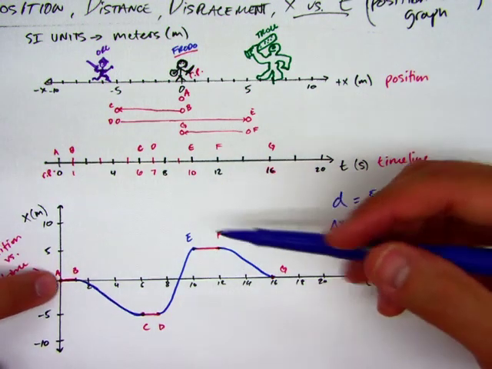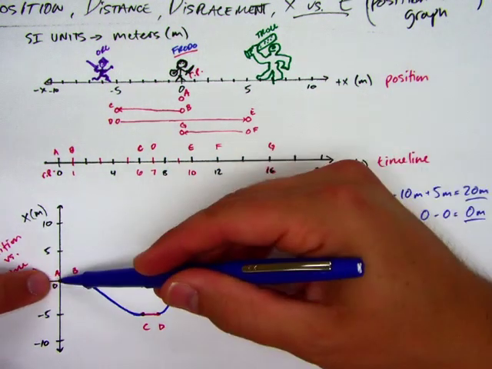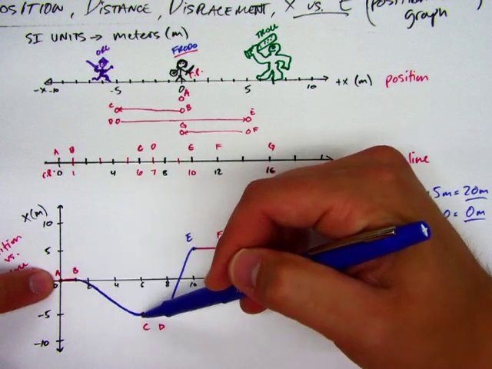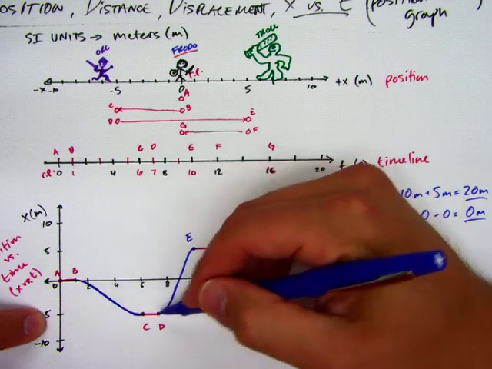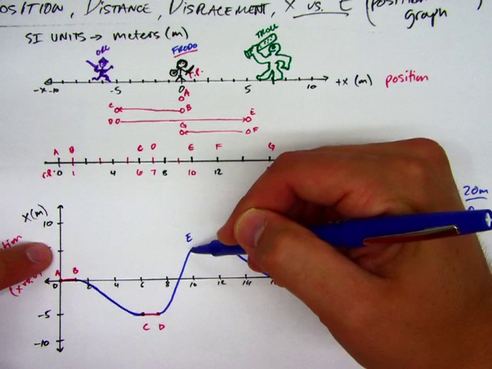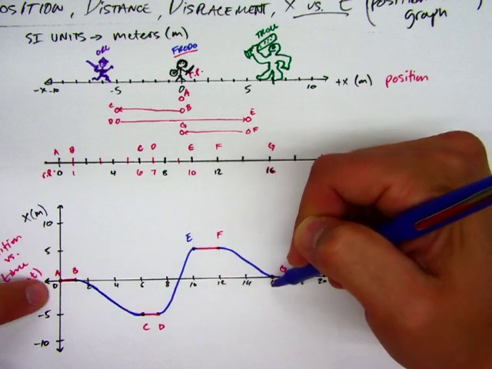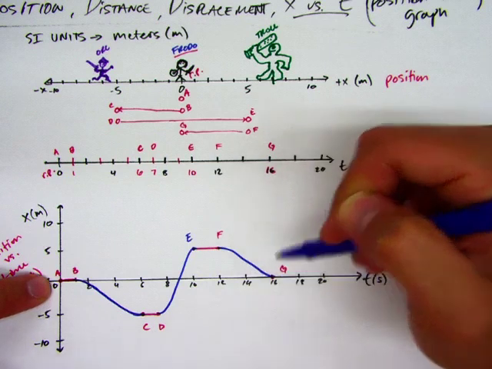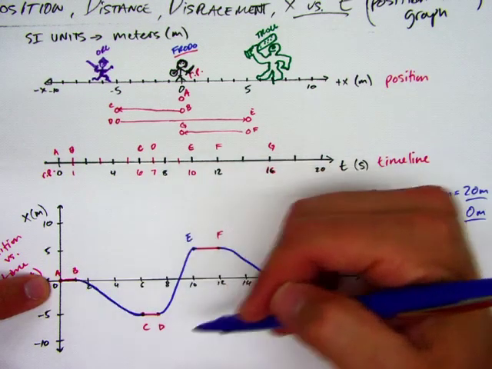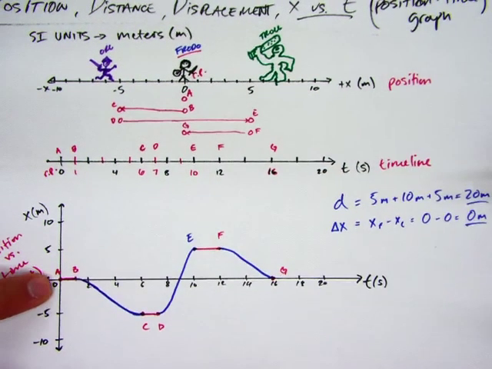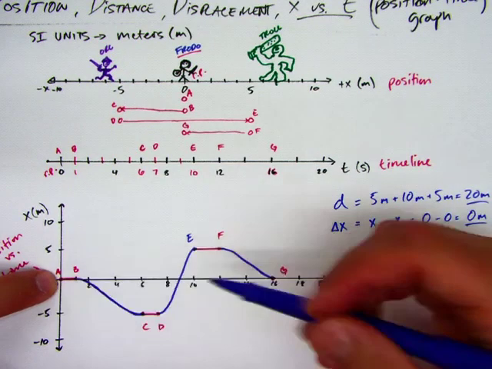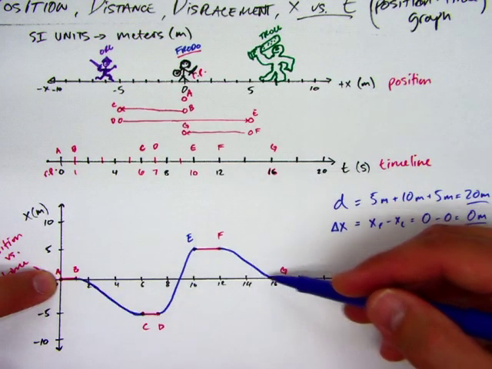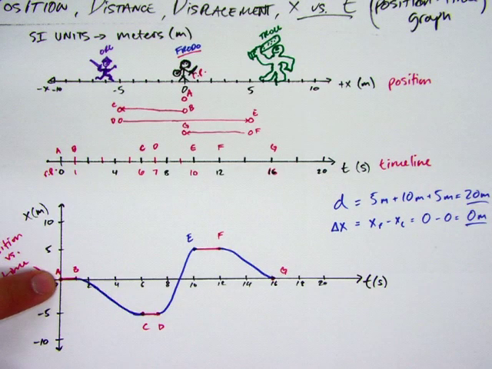Notice, I can get that from this graph as well. I start at 0, I moved down to -5, and then back up to +5, so that's 5 plus 10, then back to 0 plus another 5, that's 20. So if you add all the distances traveled off this graph, you can get the distance. Displacement, he starts at 0, doesn't matter what his path is, he ends at 0, so his displacement is 0 meters.